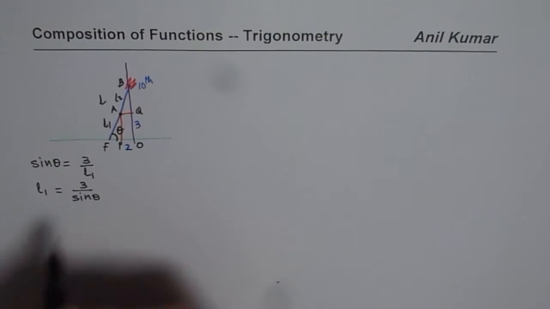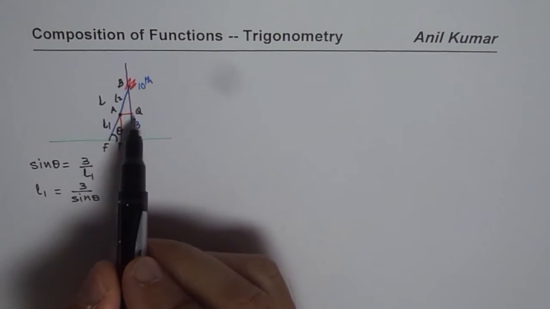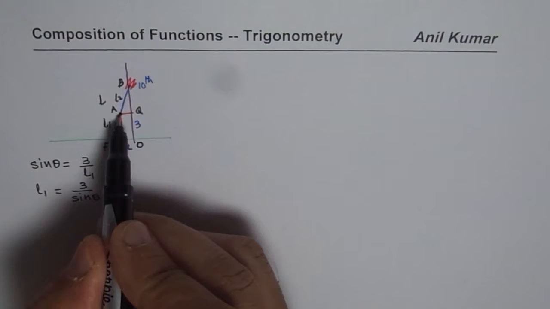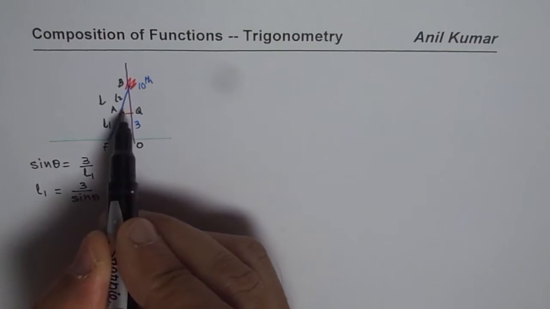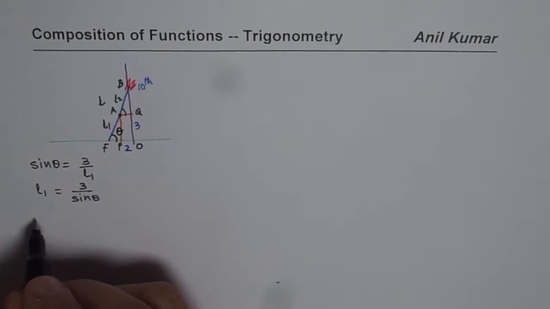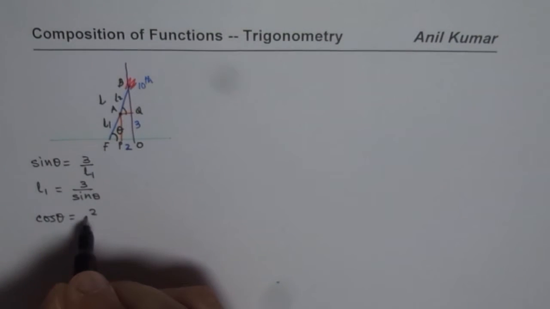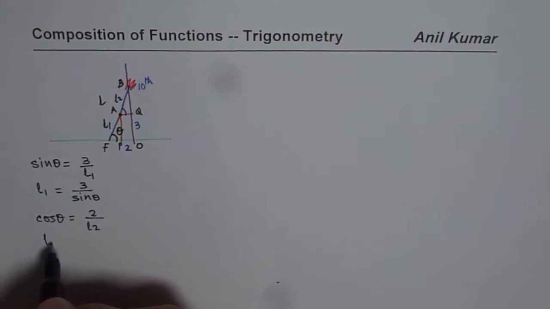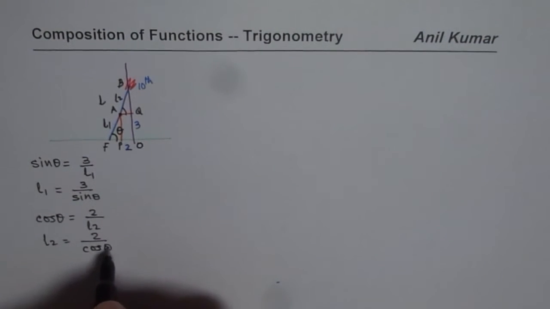Perfect. Now if I consider the other triangle, which is triangle AQB, in that case we know the adjacent side is 2. So in this case we can use cosine theta. The angle will be the same for the ladder, correct? So now we can say cos theta equals 2 over L2, right? So L2 can be written as 2 over cos theta.